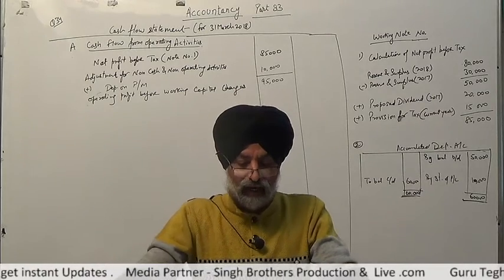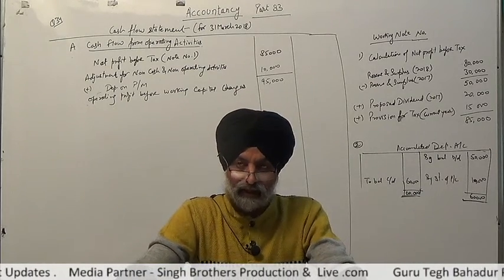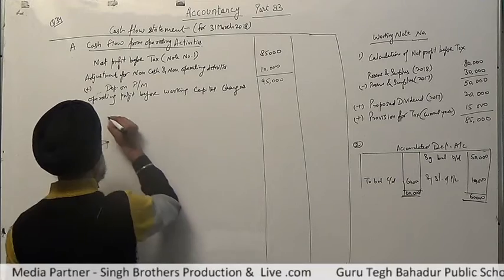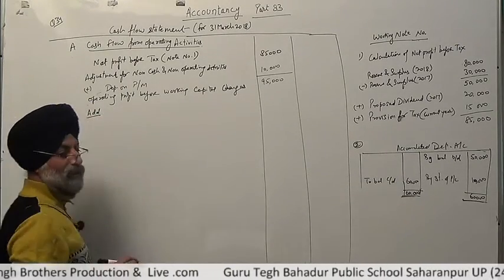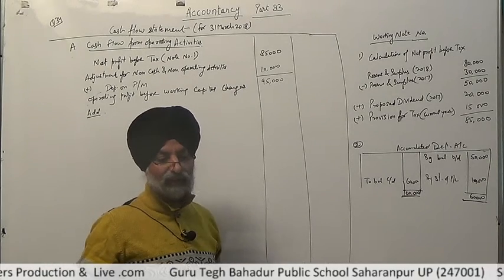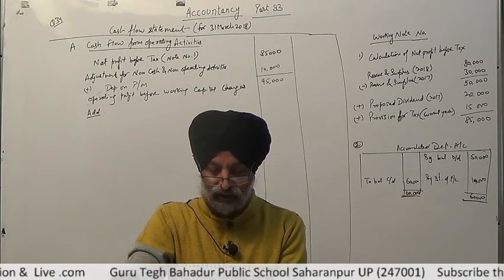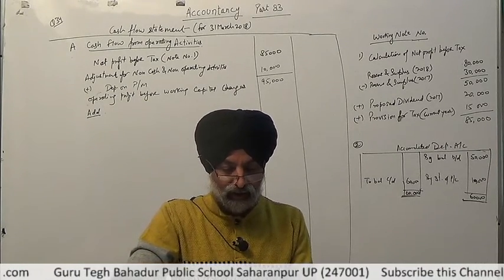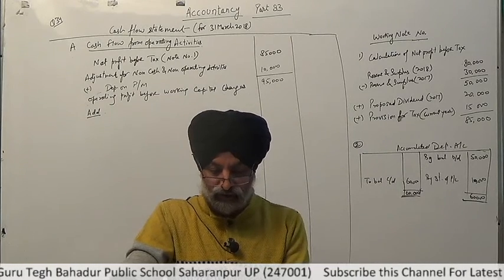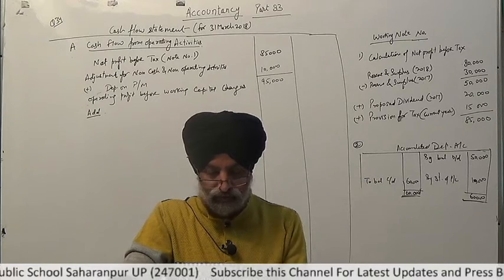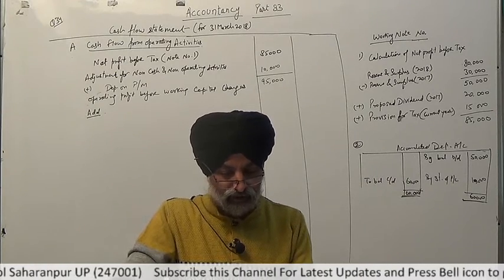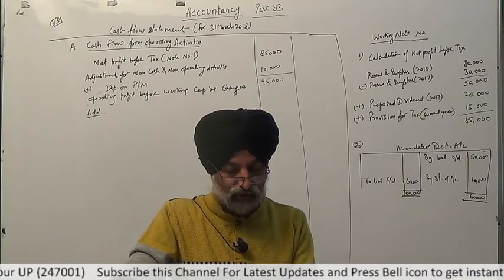Now add increase in current liabilities and decrease in current assets. See in the balance sheet, there is inventory. First of all, see the trade payables.